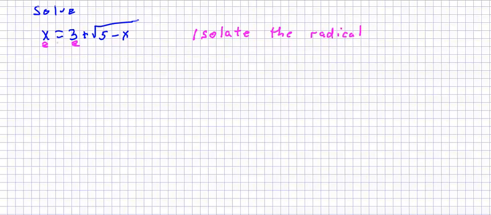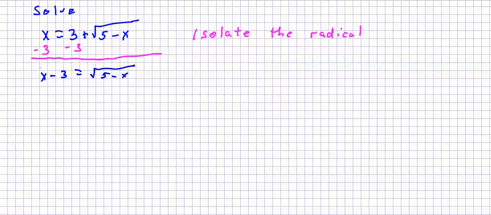So I subtract 3 from both sides, and I end up with x minus 3 equals the square root of 5 minus x.